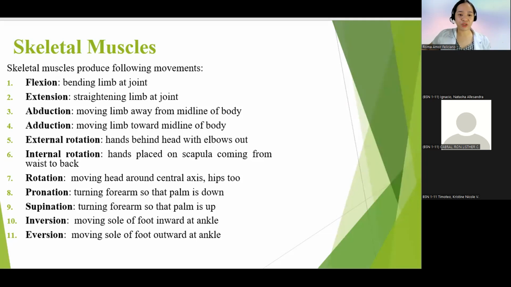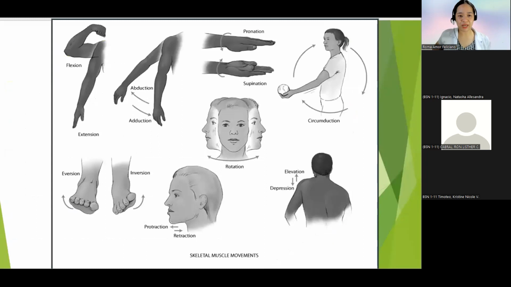Abduction, adduction, external rotation, internal rotation, rotation, pronation, supination, inversion, eversion. Punta tayo dyan. Tanggalin ko ang aking background para mas makita ninyo. Okay. Sige. Pwede nyo akong sundan, class. Flexion. This one is the flexion.